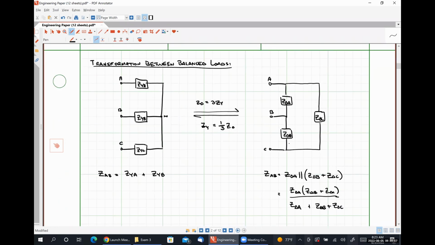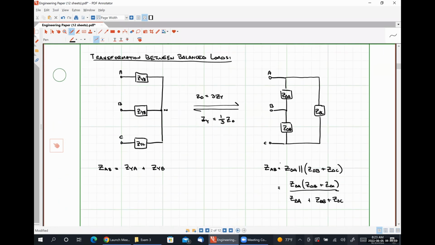For our loads, if we want to go from Y to delta, we multiply by a factor of 3. And if we want to go from delta to Y, we divide by a factor of 3. So let's put this knowledge to use.